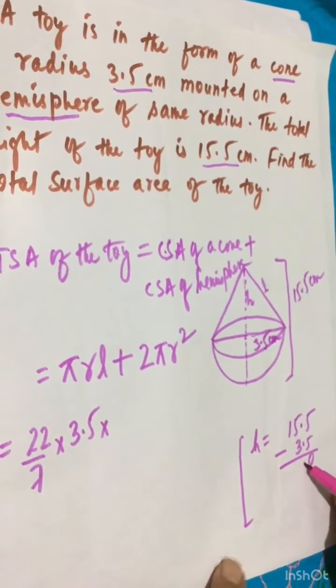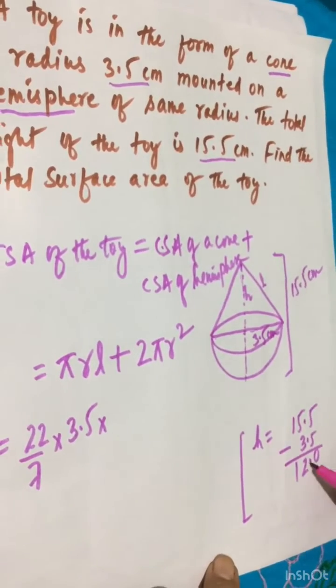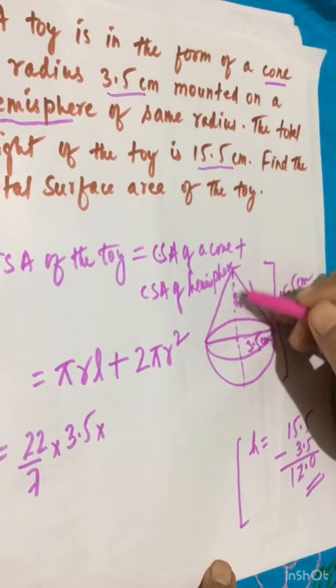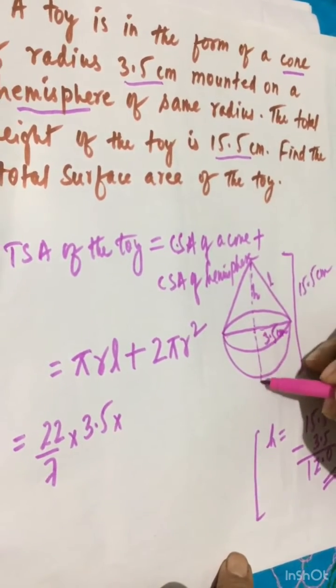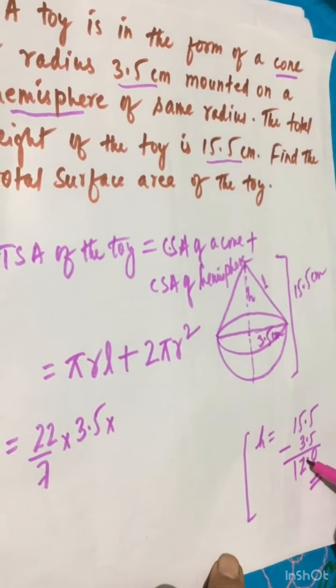So 15.5 minus 3.5 is 12.0. So 12 centimeter is the height of the cone. Check: 12 plus 3.5 gives 15.5 total. So I got h now.